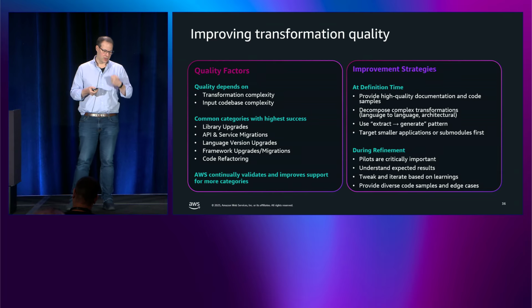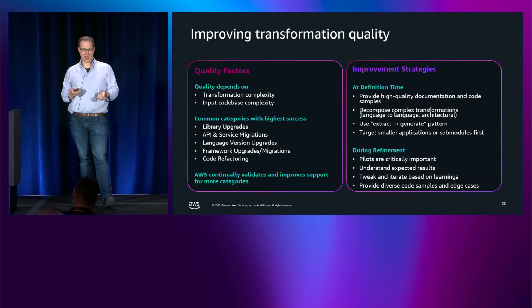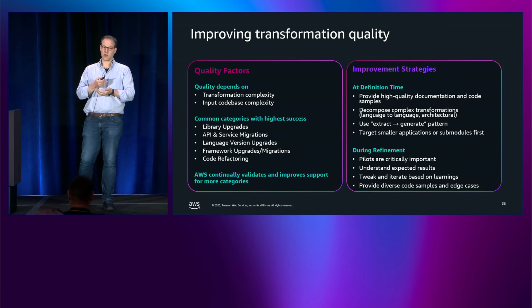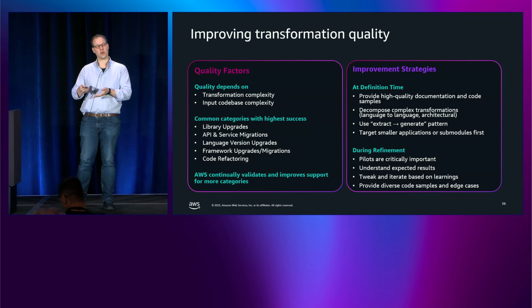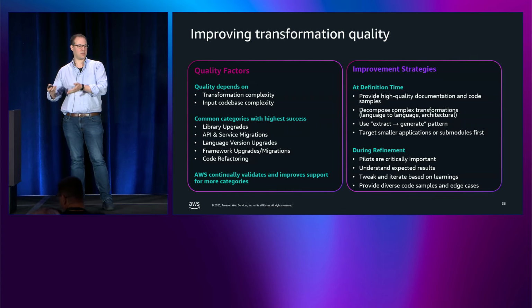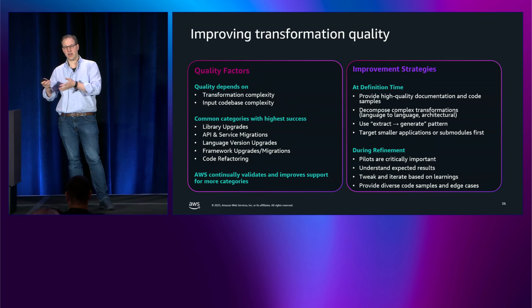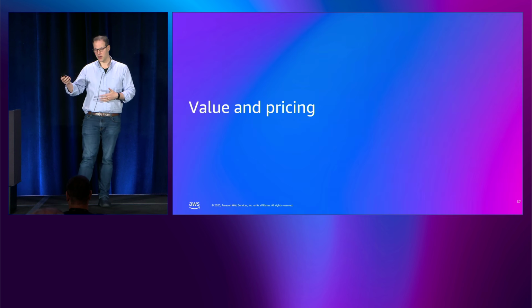During refinement, we talked about the pilots. You want to understand what kind of results you can have, and if you're not getting the quality that you want, then that is the moment where you have to reevaluate and say, this is a really complex transform. Let me decompose either the transform or the targets.